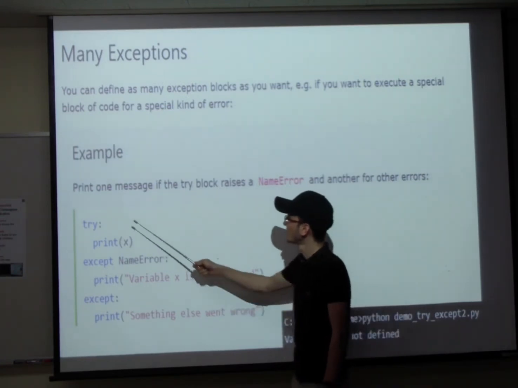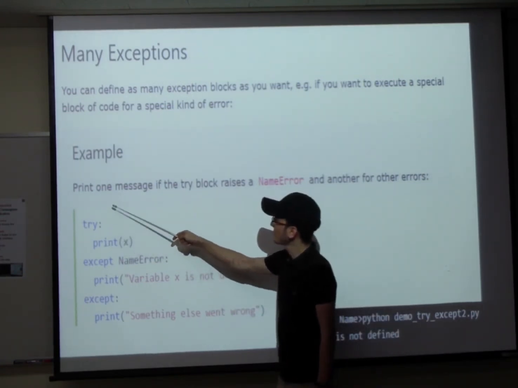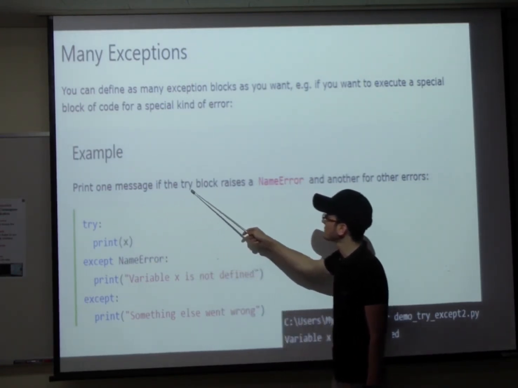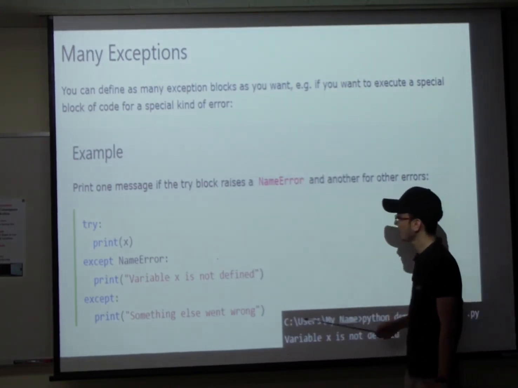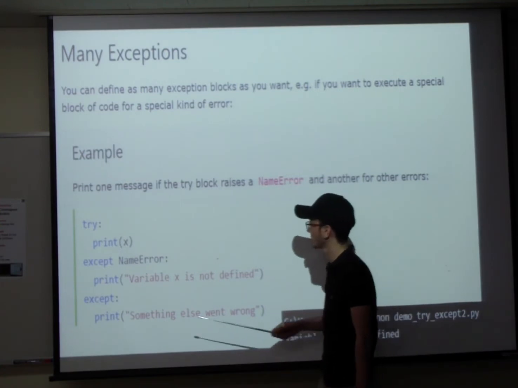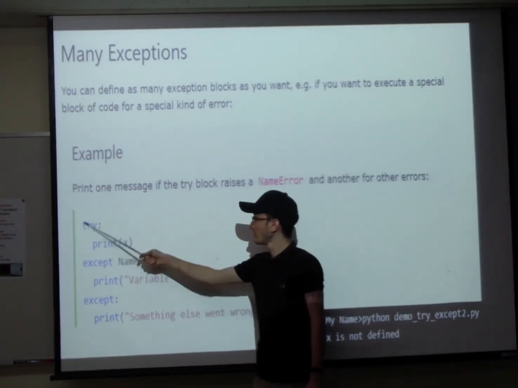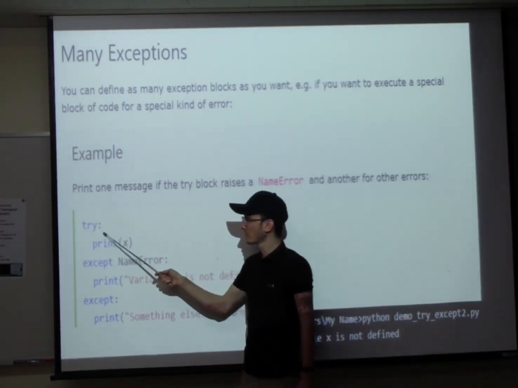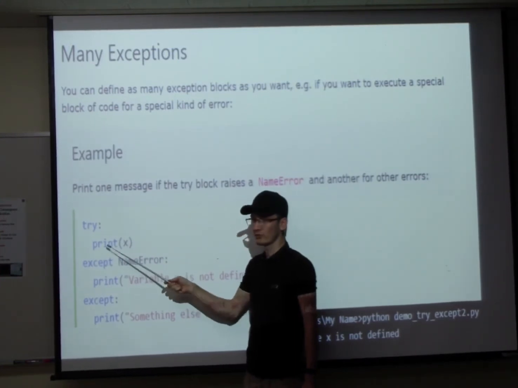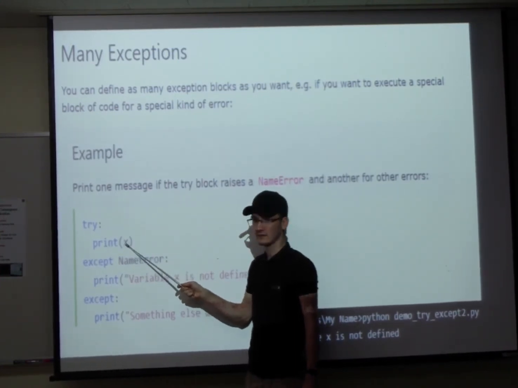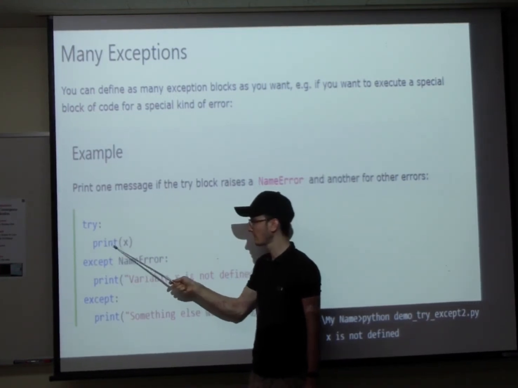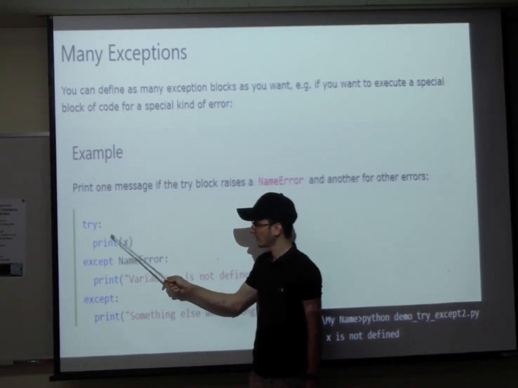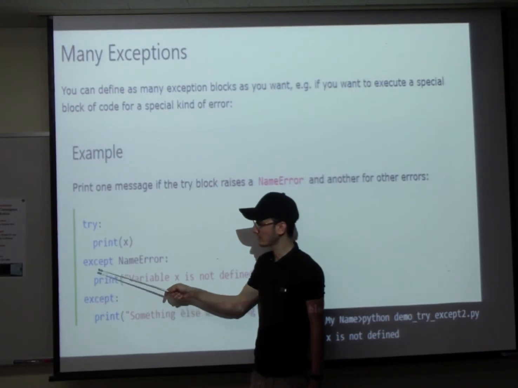Now, for example, in this example, one block is for a name error and another for other errors. Here we are using try block, and inside the try block we wrote print x. This has error, yeah? So below we created 2 except blocks.